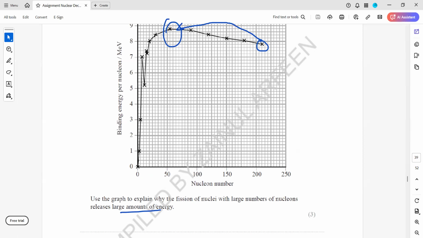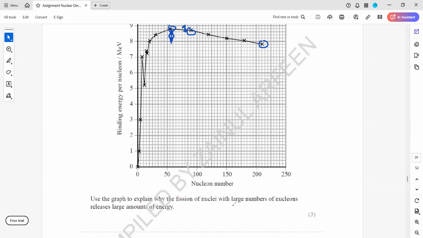And whenever binding energy per nucleon increases, it means the reaction is exothermic, it will release energy. But why is heavy releasing more energy and lighter less? If I compare this one with this one, this is the energy difference. But when I compare these two, this is the energy difference only.